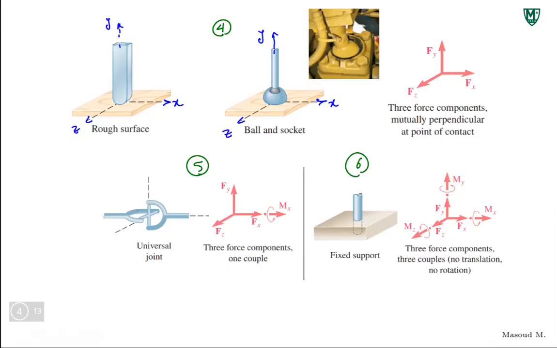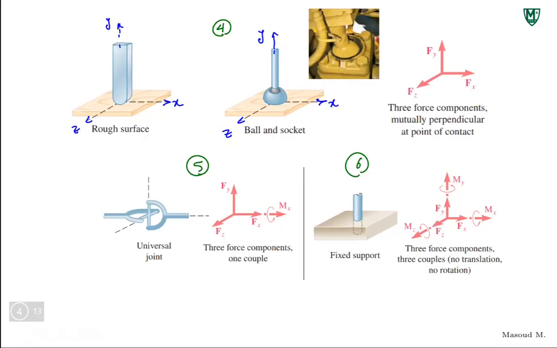When we had a fixed support in 2-dimensional space, you could simplify the system structure in 2 dimensions. All the forces were in 2 dimensions. When we were removing that support, we only had 2 unknown forces. We were replacing the structure with 2 unknown forces and a moment. Now in 3-dimensional space, the story is different.